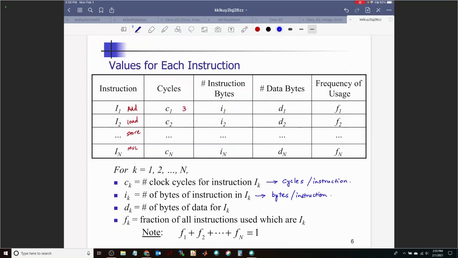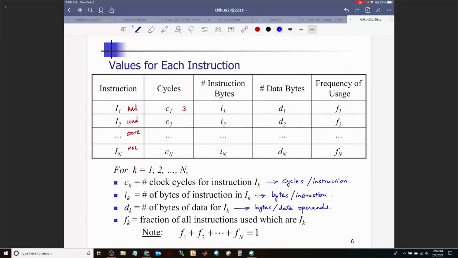And then we have data. Again, d sub k is for bytes. So we have bytes per data operand. Now, why are we splitting up instruction and data?